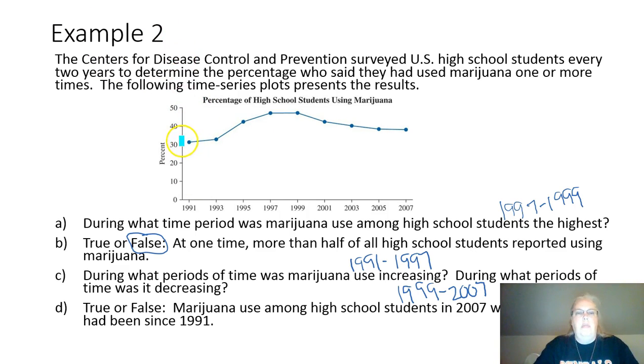In 1991, marijuana use was right here in the 30% range. And if we draw a somewhat straight line across, we see that the point for 2007 is actually slightly above where it was in 1991. And so this question is going to be false also.